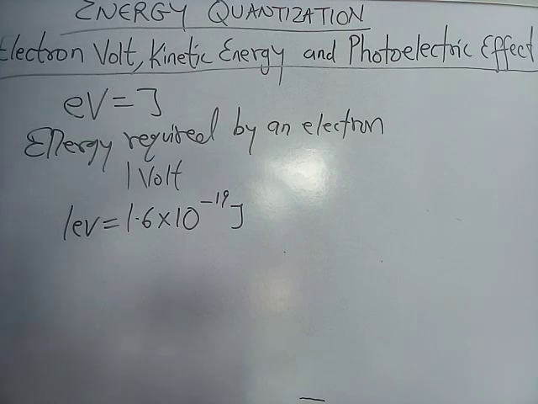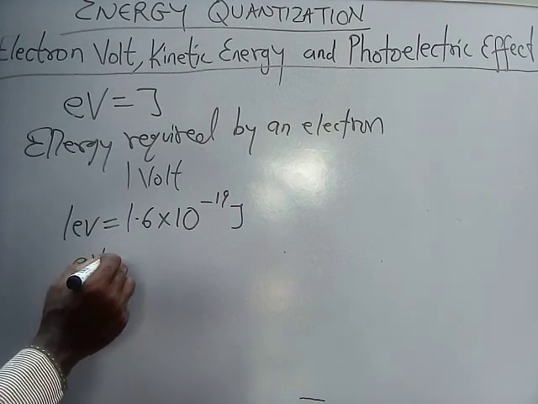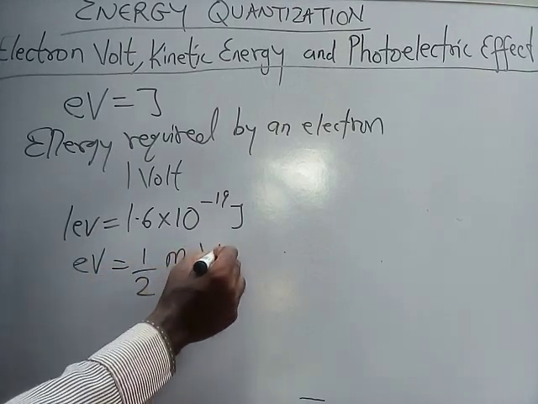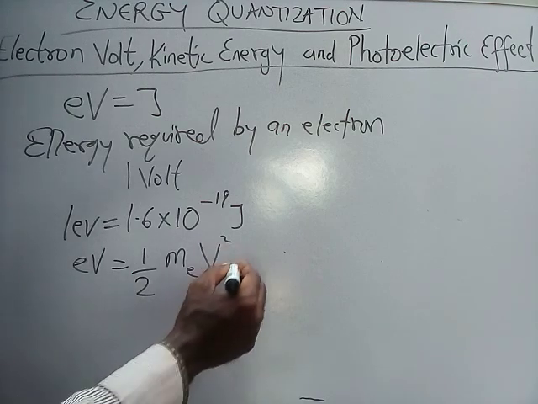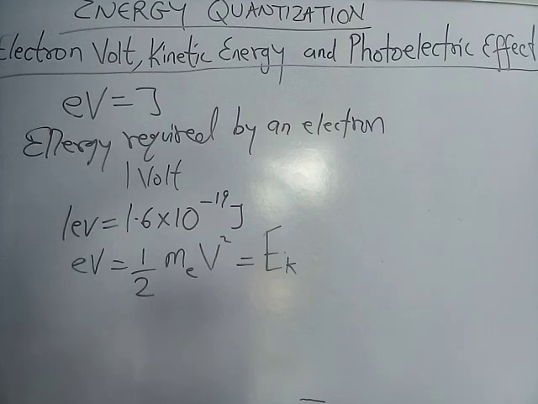So the electron volt is the same as 1/2 the mass of the electron multiplied by the square of the velocity, which is kinetic energy.